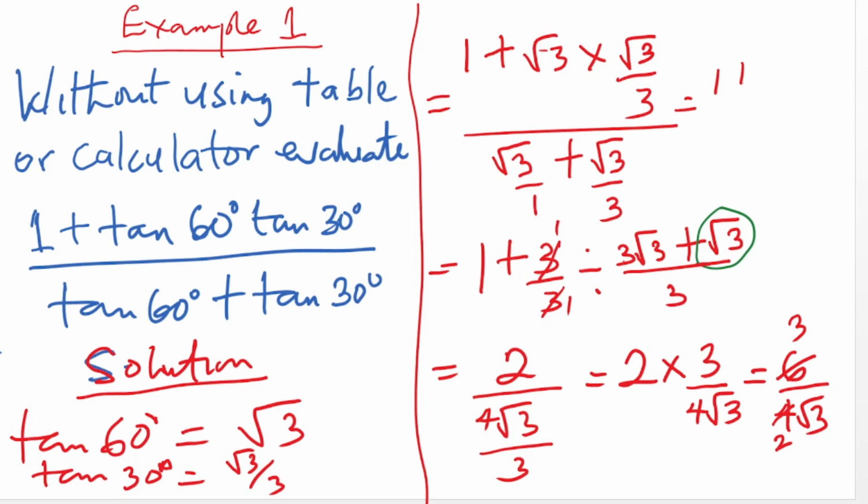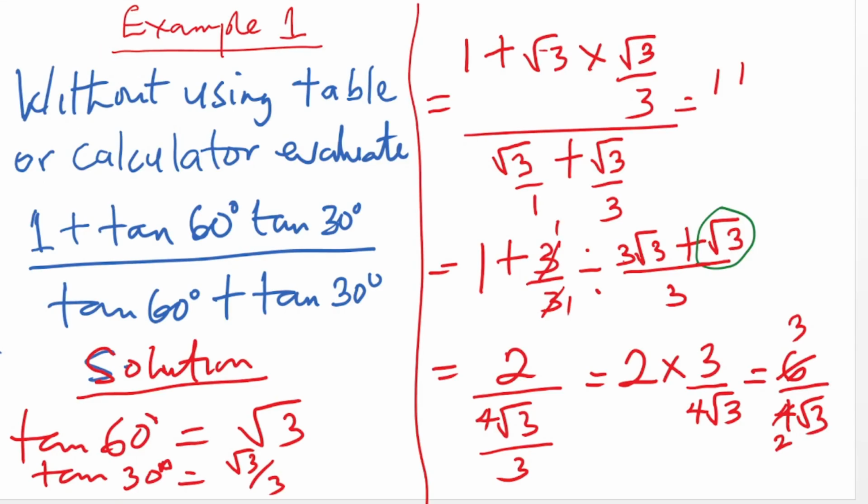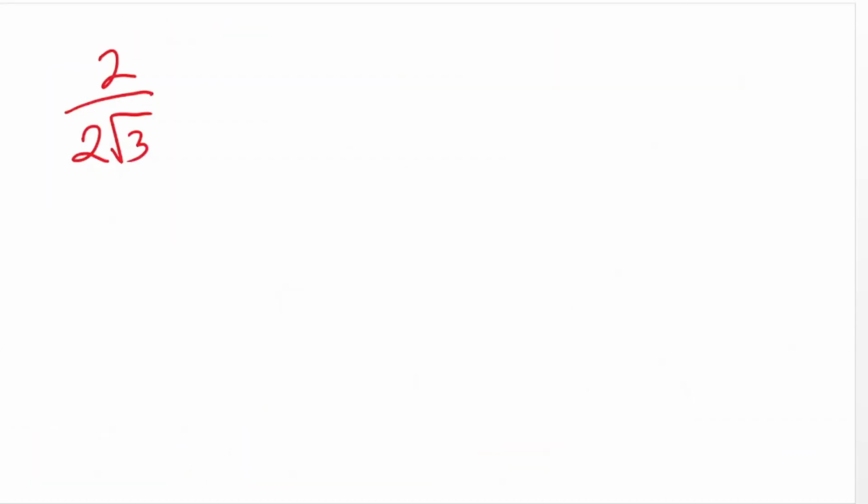The first bit will be 2 over 2 root 3. Not 2, that's 3. So what we have is 3 over 2 root 3. So we can't leave the answer this way.